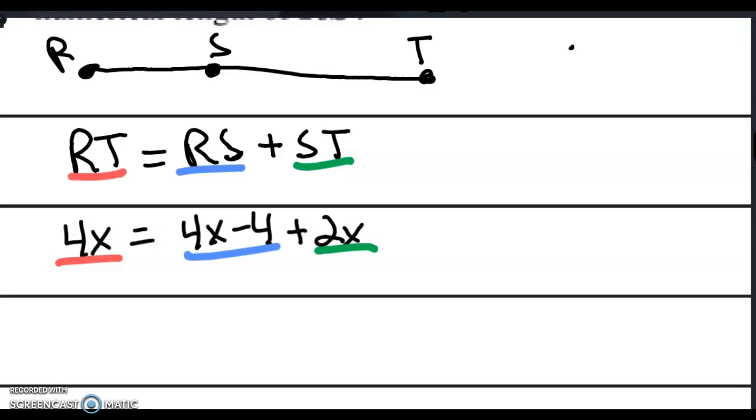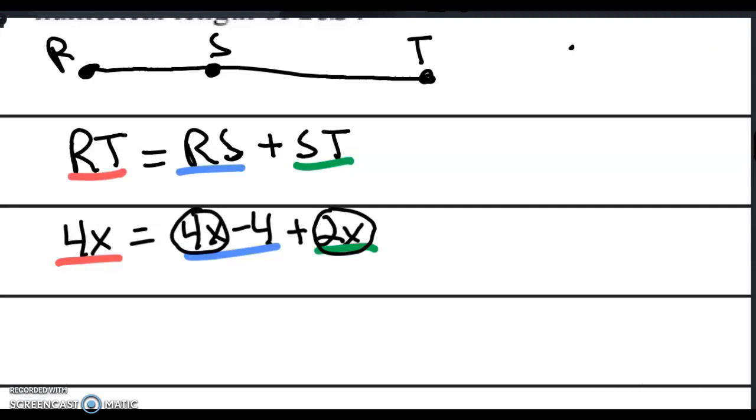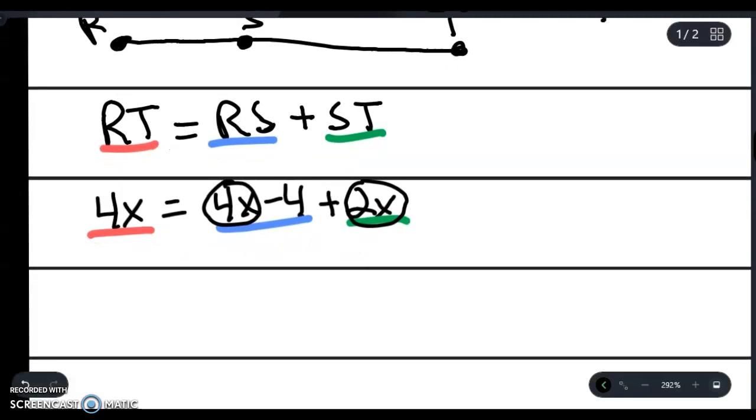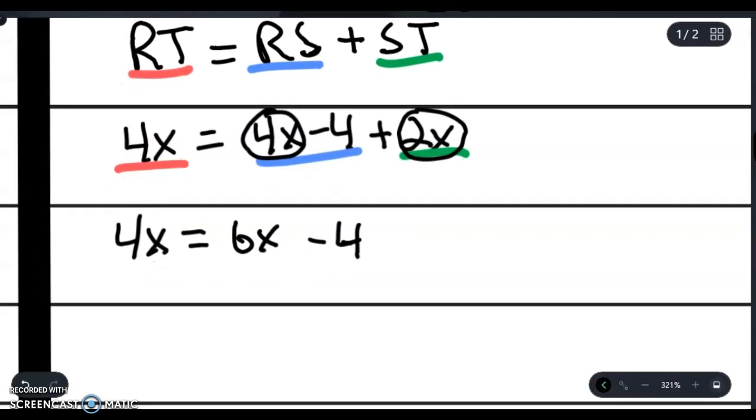Now we're going to solve for x, and then later plug it back in to find the missing segment we're looking for. I'm going to add the like terms, 2x and 4x, and that gets us 4x is equal to 6x minus 4. Now I want to move the variable to the left, so I'm going to subtract 6x on both sides.